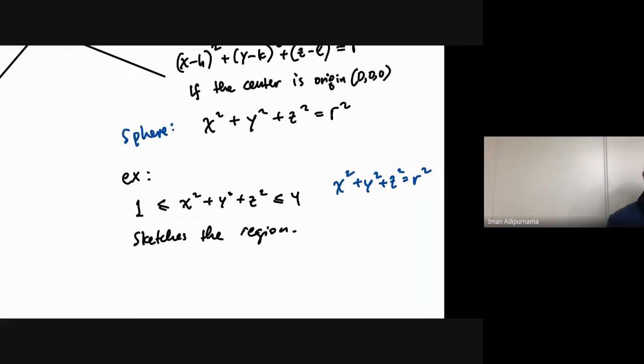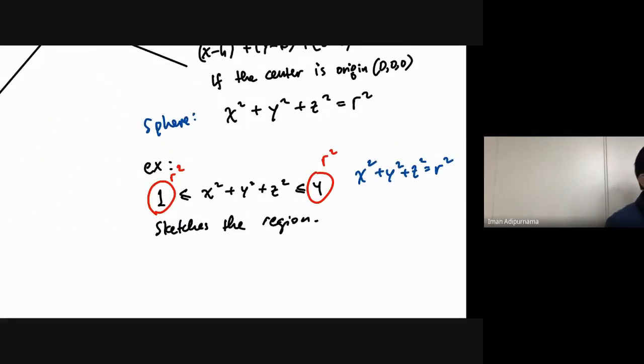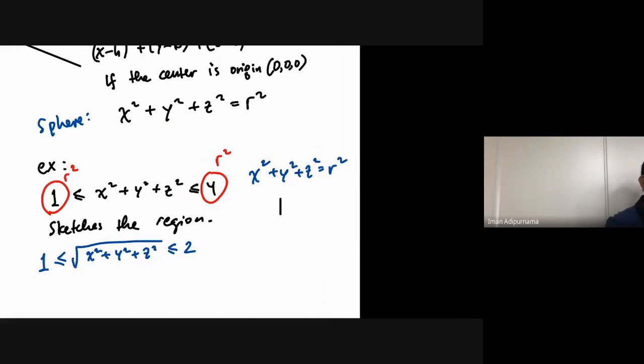So this 1 and 4 is r squared, right? So if you would like to have r, then we can see 1 and 2, right?